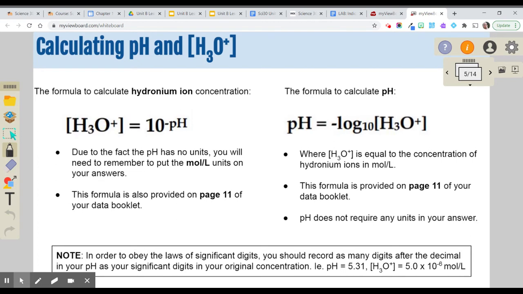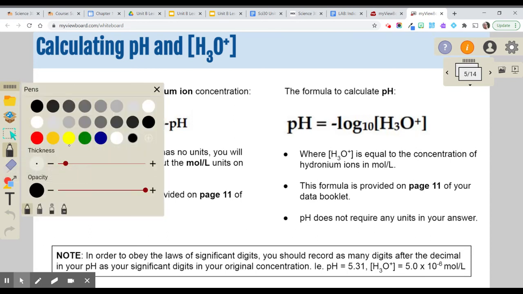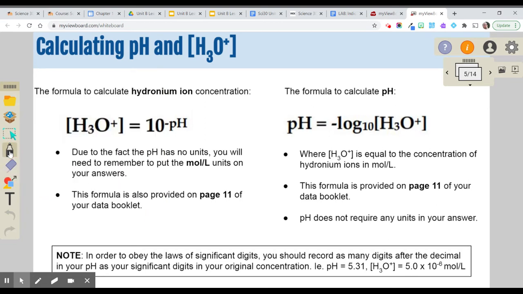All right, so let's take a look at the formulas for pH and hydronium ion concentration. If we know the pH and we want to find the hydronium ion concentration, we can use this formula here. Now, this is in your data booklet on page 11. We don't know the concentration, but we're given a pH.